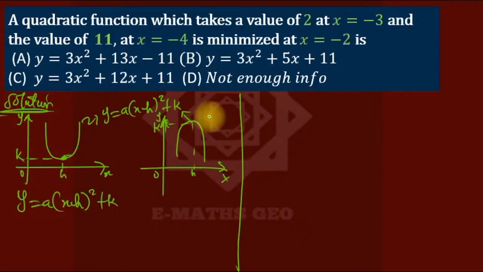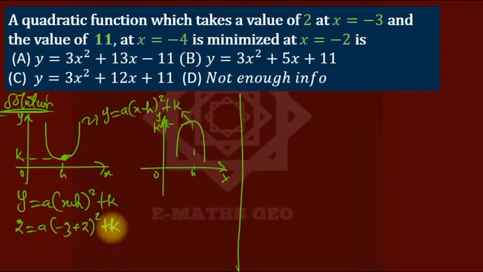They told us that the value is 2 at x equals -3. Since it is minimized, h is -2, because this is where the minimum point is. So h will be -2, which is plus 2, all squared, plus k.